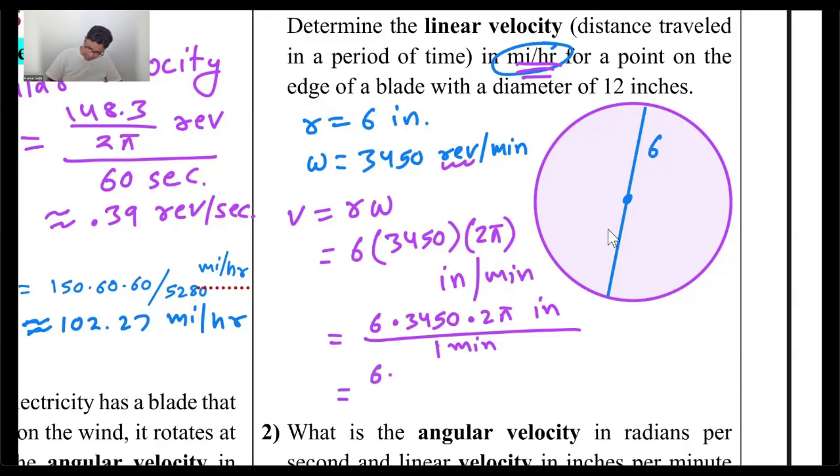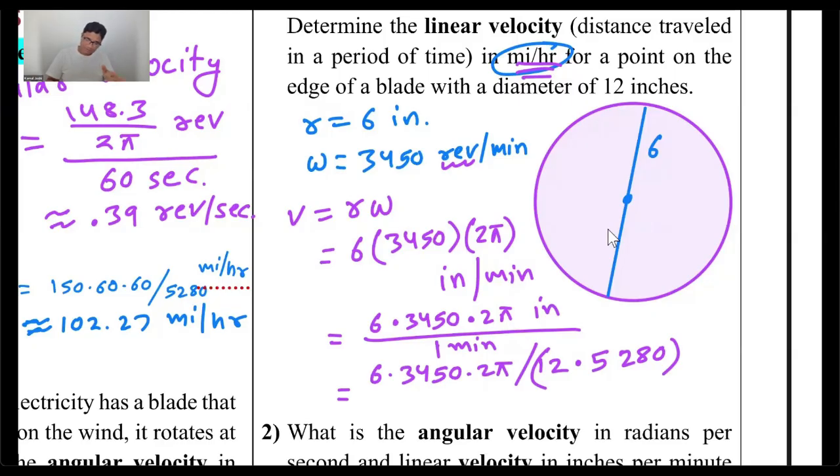So 6 times 3450 times 2 pi divided by, inches to feet, you divide by 12, that goes to feet. And that you divide further, which is basically multiplying here in parentheses. Remember, 1 foot is 1 over 5280 miles. We talked about that unit conversion earlier.